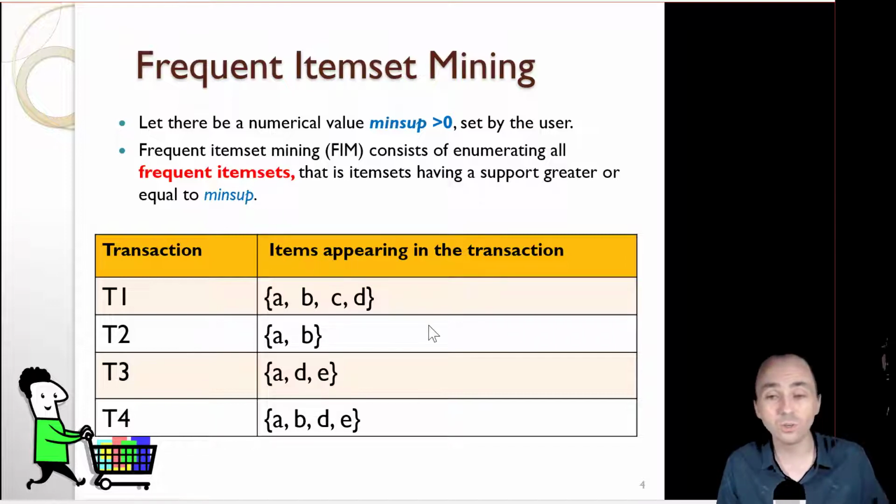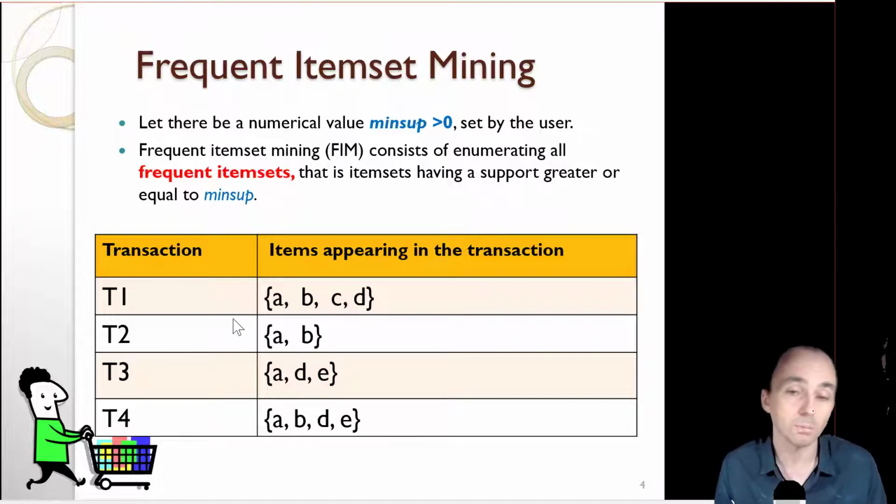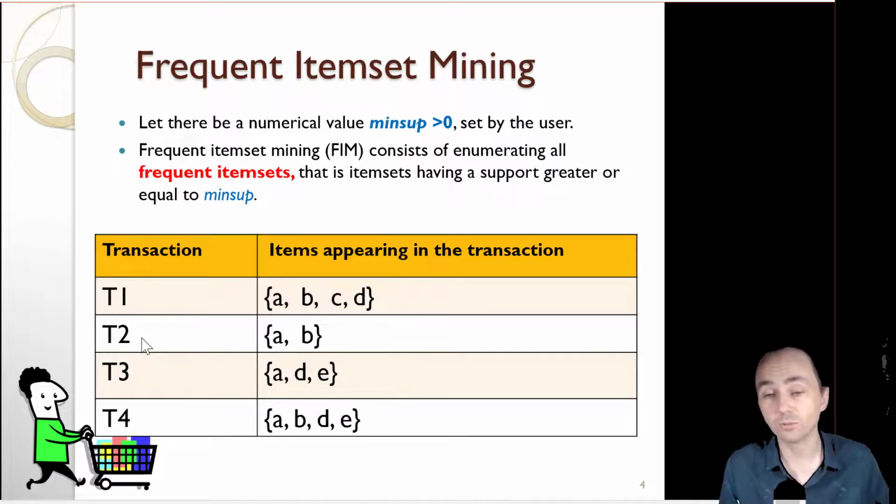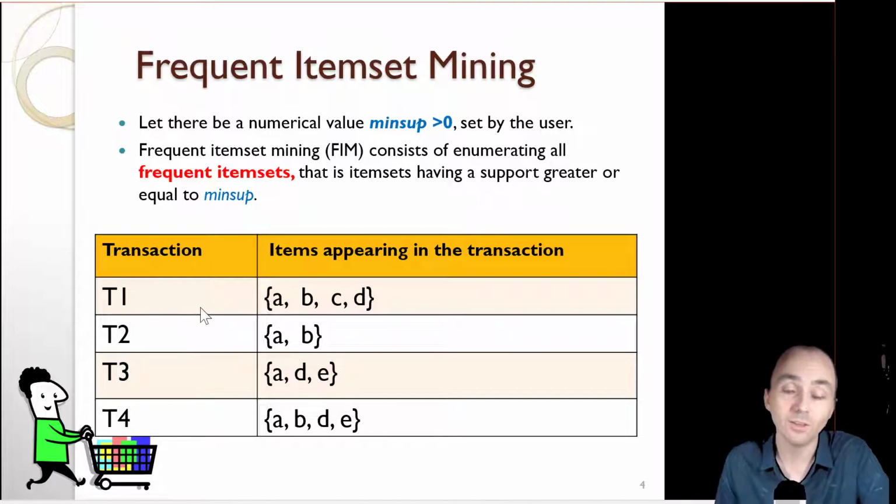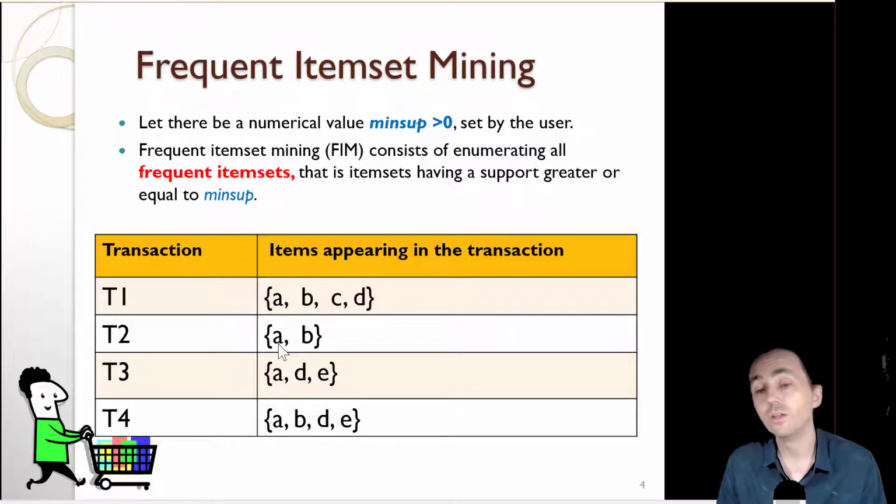So here I show you an example of a database about shopping. We have a database of 4 transactions about what the customer has bought. Okay. So in transaction 1, the customer bought A, B, C, D, like apple, bread, cake, and dates. In another transaction, maybe the same customer bought apple and bread. In the third transaction, the customer bought apple, dates, and eggs, and so on.